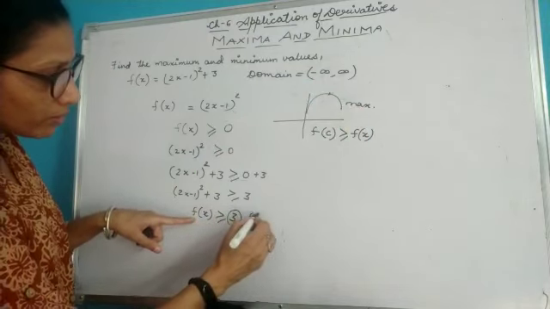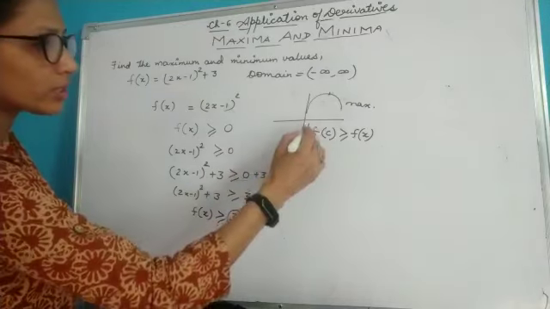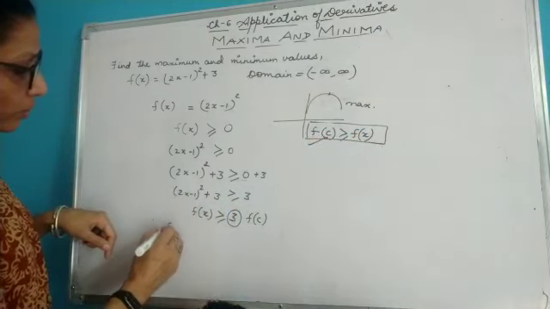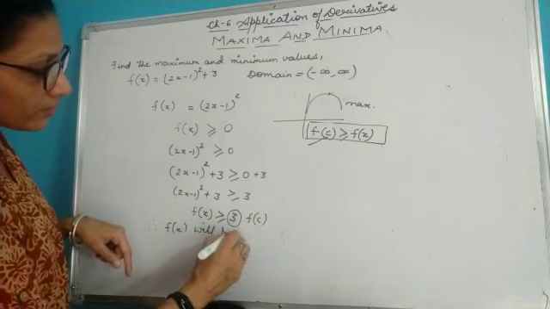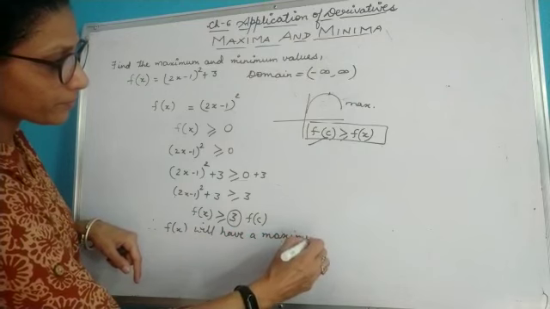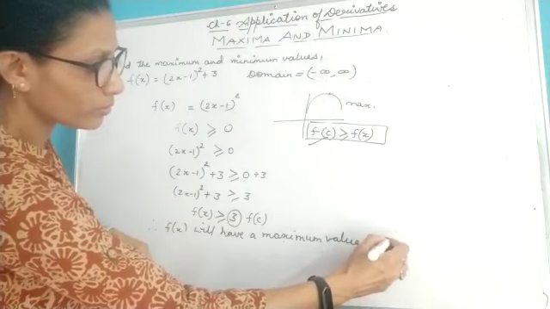This 3 is the value of your point c where it attains a maximum value. So this condition is satisfied over here. So I will say, therefore, the f(x) function will have a maximum value equal to 3.